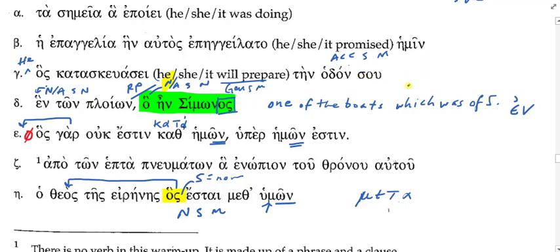No? Is anybody puzzled by the article that accompanies hodon if this is accusative, singular, masculine? It's a feminine article, right? And your article is always your friend here. The noun may be tricky, but the article is always true.